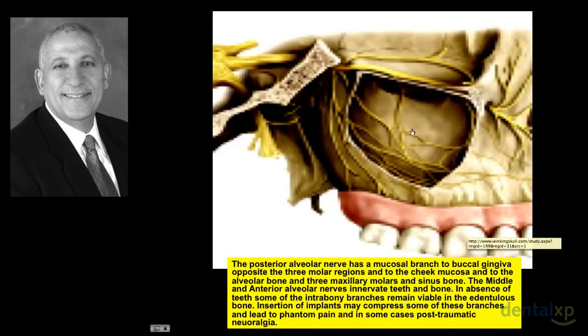You can see here that below the lining of the sinus, we have several nerves that belong to the posterior superior alveolar, middle and anterior superior alveolar nerves that we can block by injecting through the infraorbital foramen canal. So we can block the infraorbital nerve, anterior and middle superior alveolar nerve via infraorbital nerve block anesthesia.